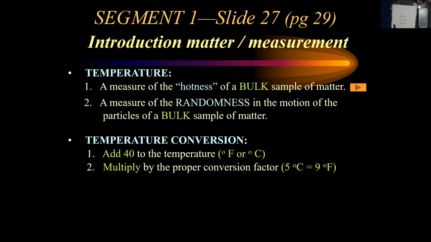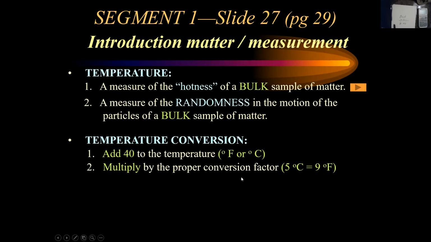It freezes at 32. The difference between those two is 180. So 180 degrees Fahrenheit is the same temperature difference as 100 degrees Celsius. If you reduce that to the lowest ratio, 5 degrees Celsius would be 9 degrees Fahrenheit.